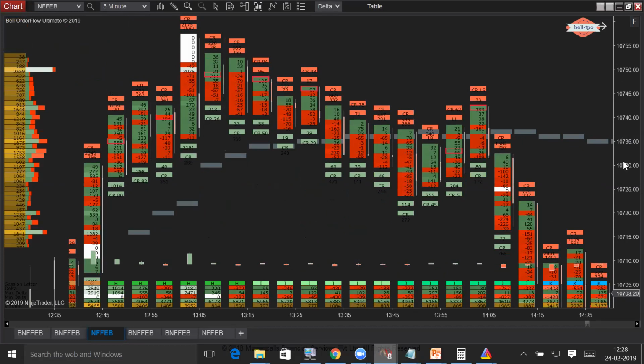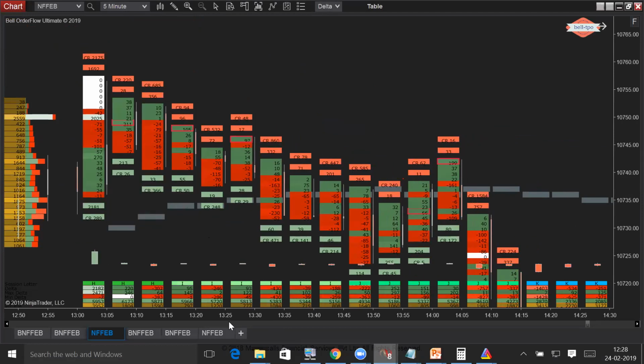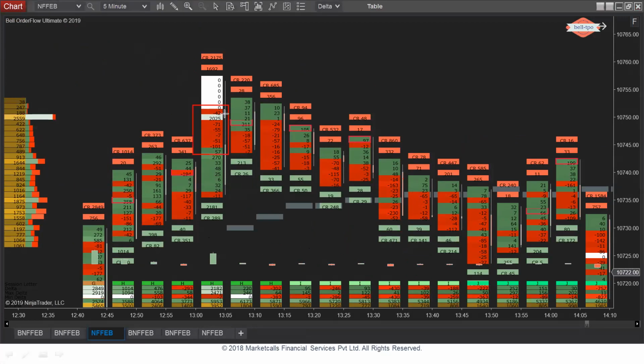You can see here, look into this particular candle. The delta players are getting positioned over here in a bigger way. So this particular block. And you're finding a lot of zeros. When we are finding a lot of zeros, what does that really mean? You can type and say it to me.